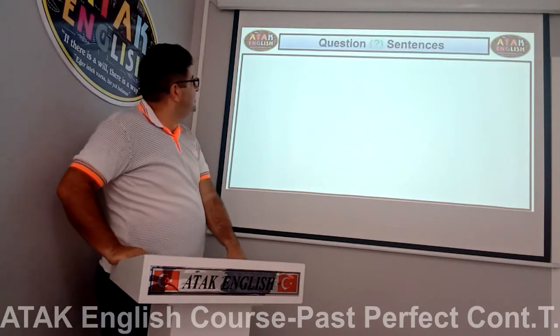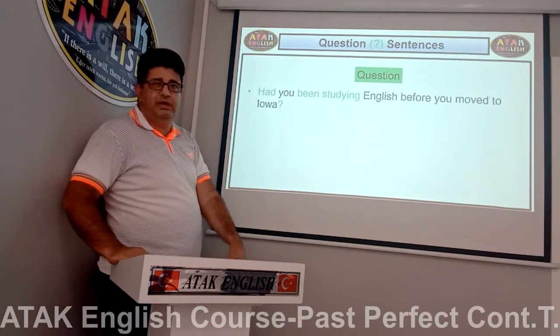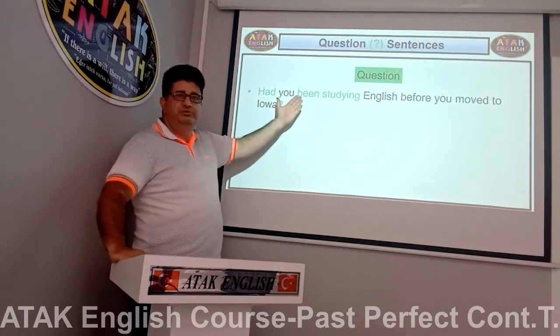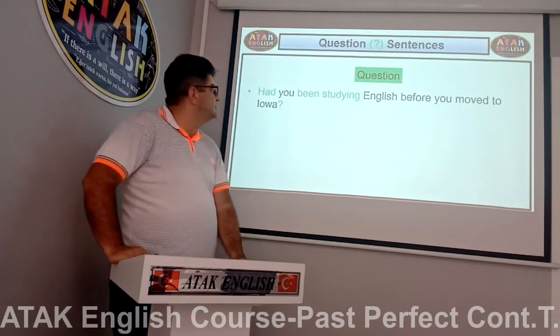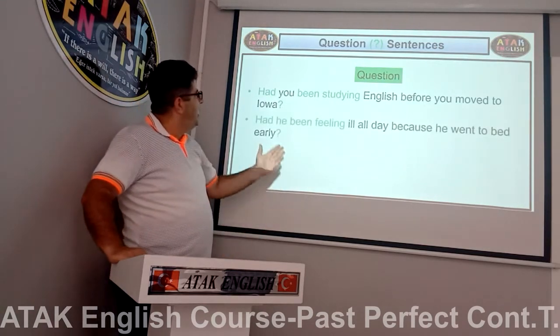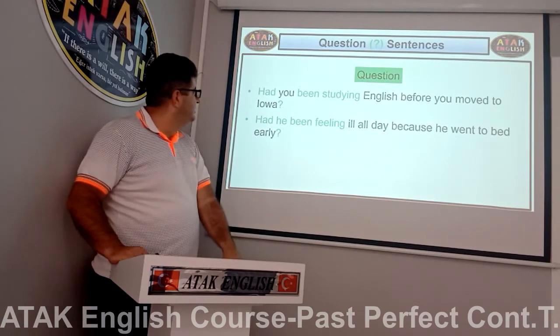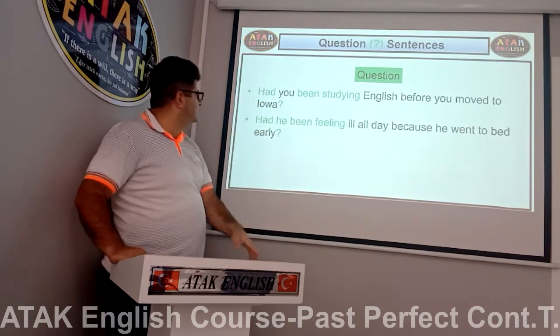And finally, the question form. I just bring or pull the helper verb to the beginning of the sentence. Had you been studying English before you moved to Iowa? Had you been feeling tired all day because you went to bed early? These two questions are positive.